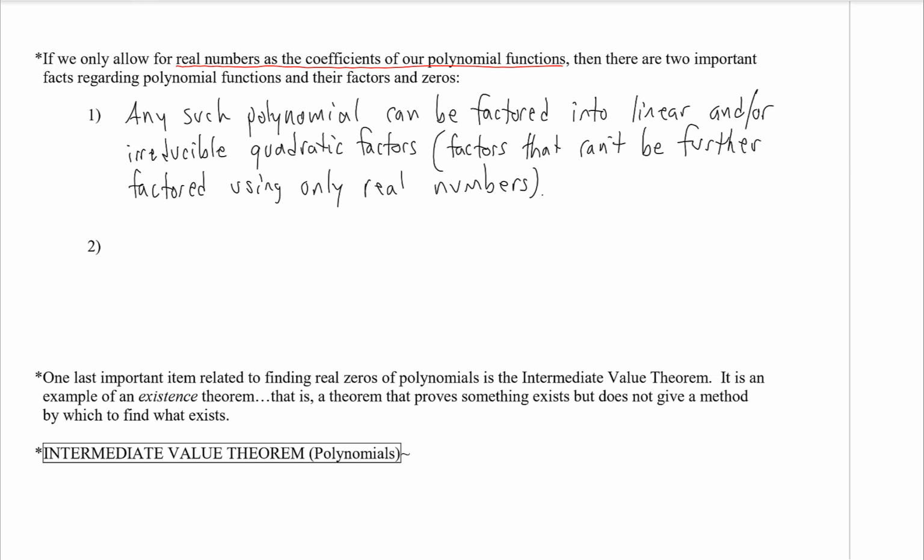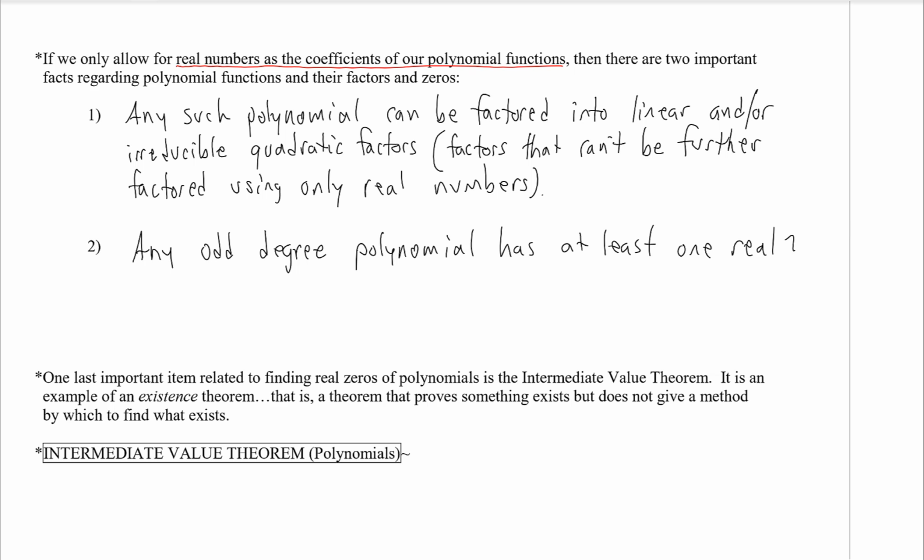And then the other thing that's helpful is any odd degree polynomial has at least one real zero.